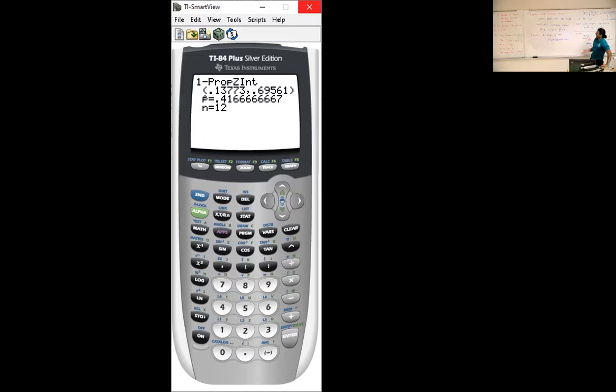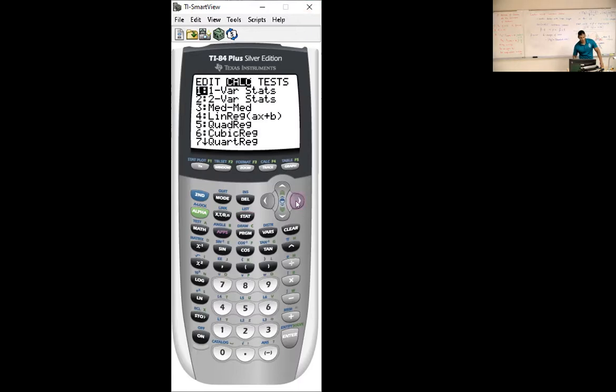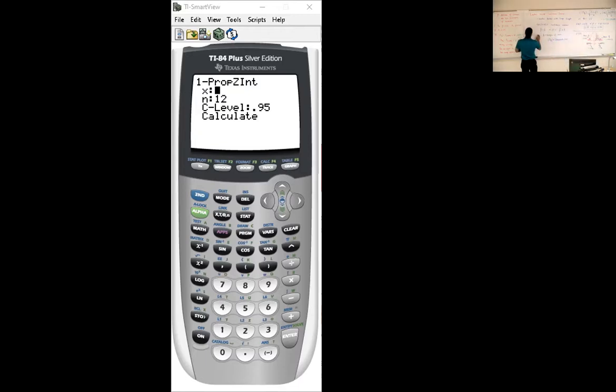0.13773. That value, is it 0.47 or 0.41? Did I enter it incorrectly? Enter. N is 12. X is 5. It is 0.42, not 0.47.